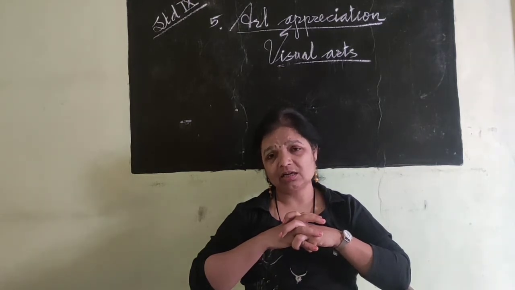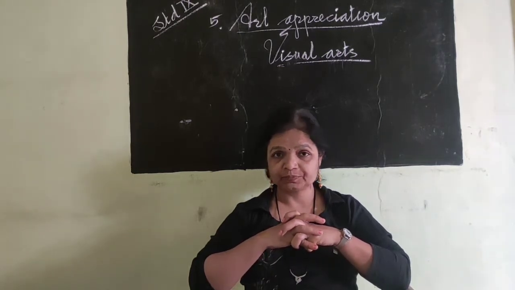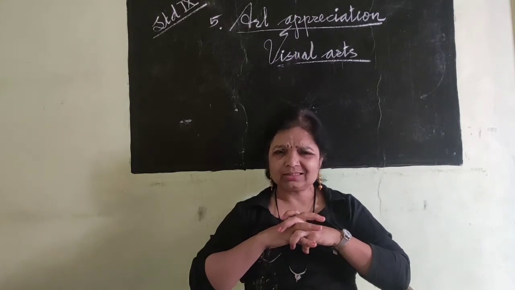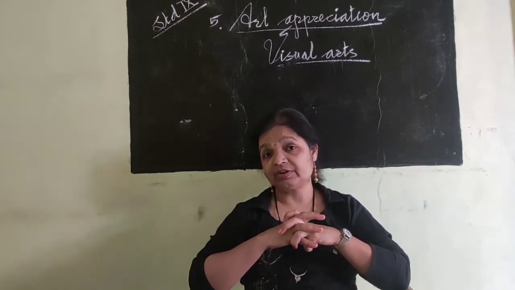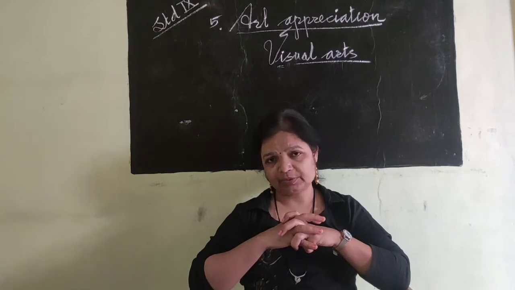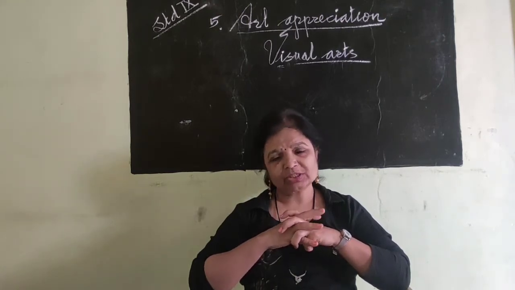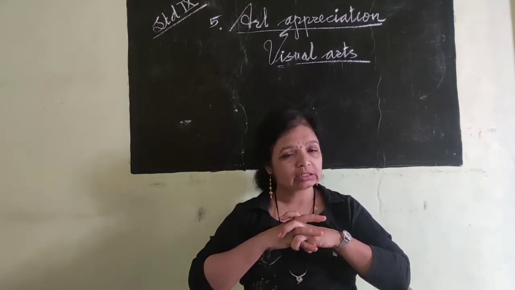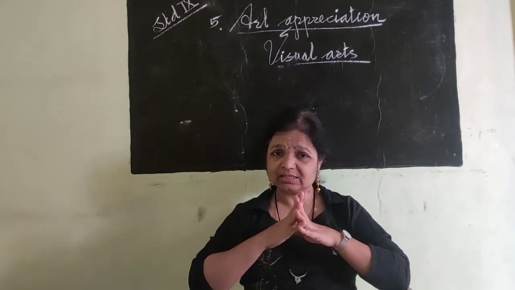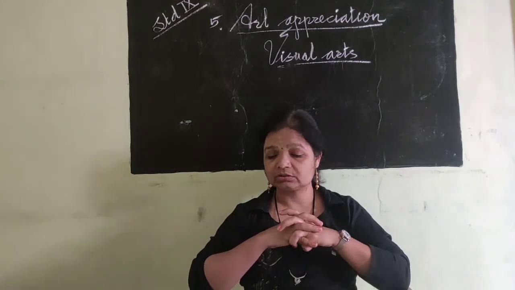All these are types of lines, you know that. We use these types of lines while creating any art piece. Understand? Two-dimensional or three-dimensional, paintings or sculptures, this element is very important.